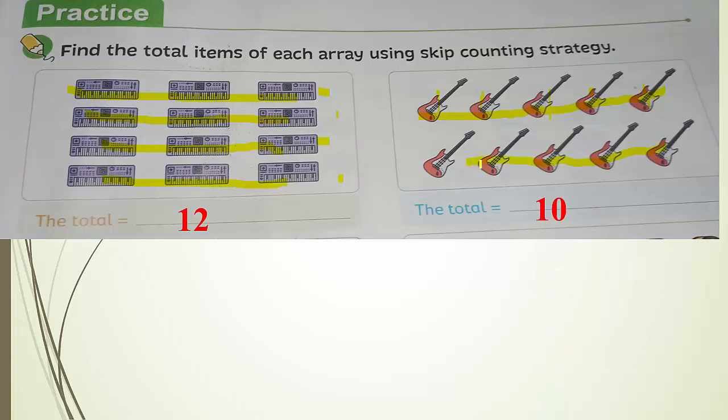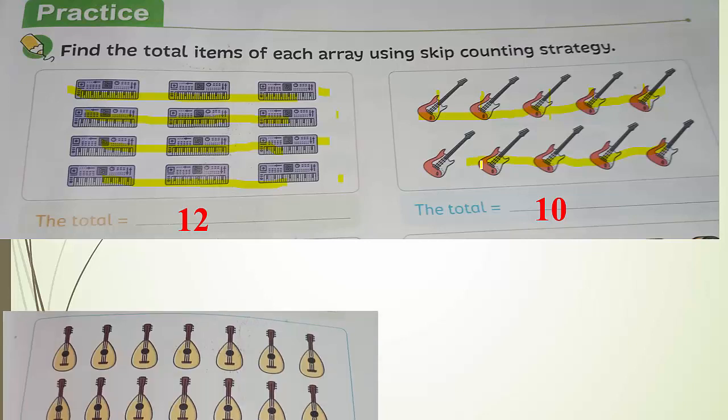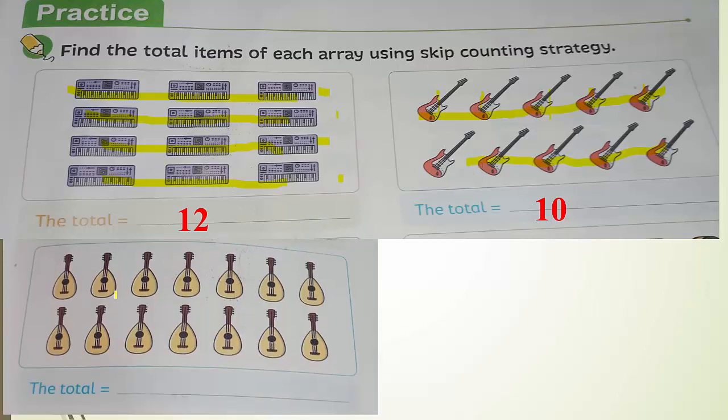Another exercise. Here, my students, let's see. It's very easy to skip count by what, teacher? By rows or columns? Columns, teacher, because in the first column I have 1, 2. So I skip count by 2. Do you remember? 2, 4, 6, 8, 10, 12, 14.